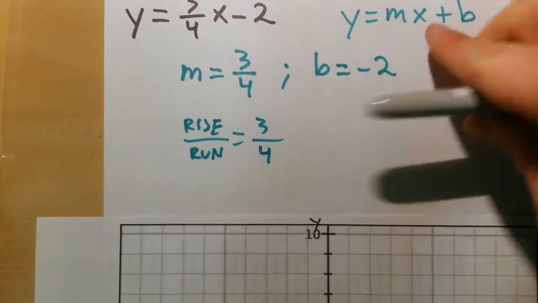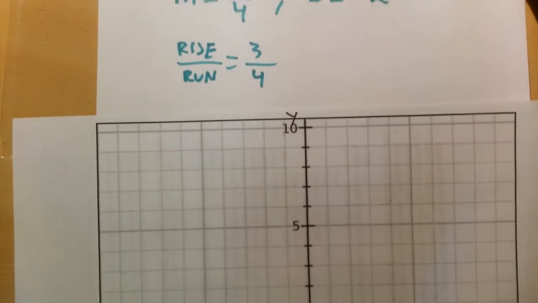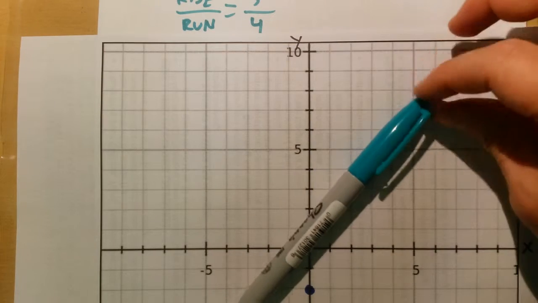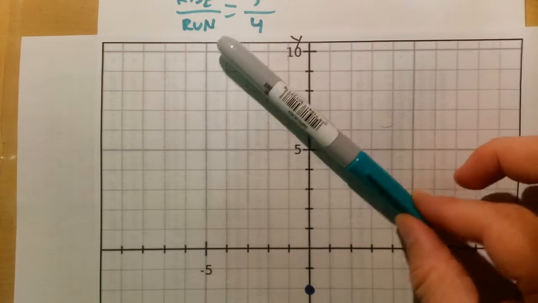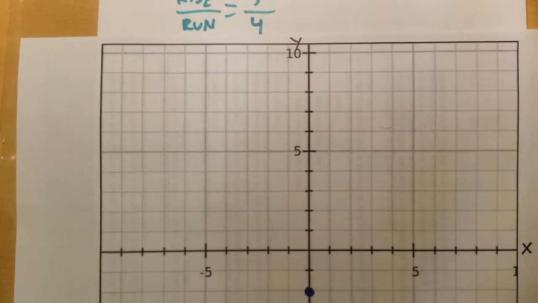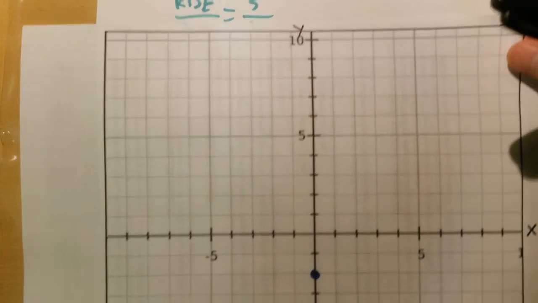Notice too that if the slope is positive, then we expect the line to be increasing as we move to the right. In other words, we expect the line to go in this direction. If the slope was negative, it would decrease as we move to the right, so it will be in this direction. Okay. So once we have plotted the y-intercept, now we need to apply the slope, which is 3/4.